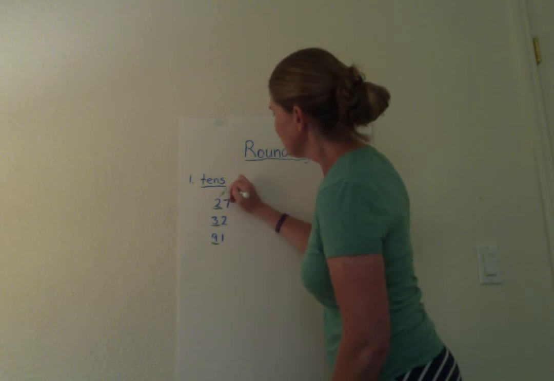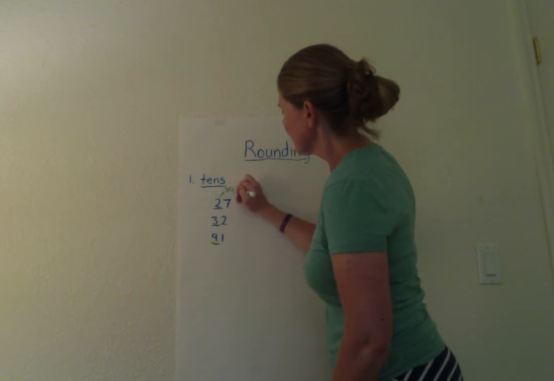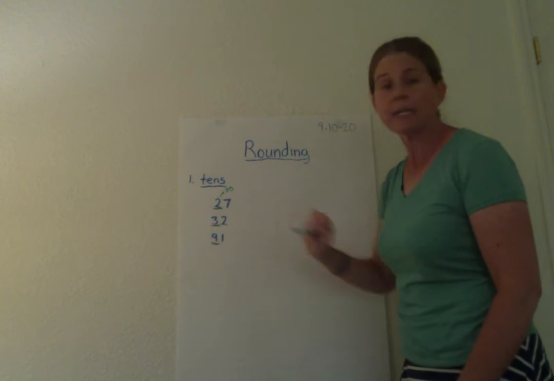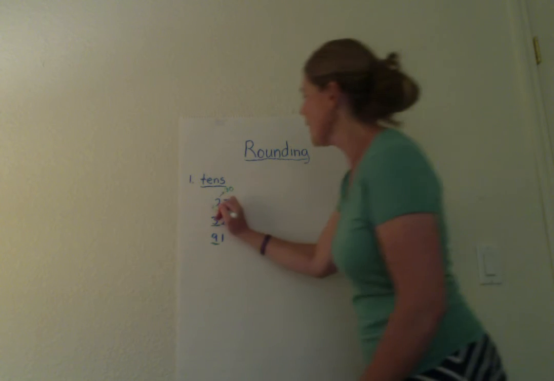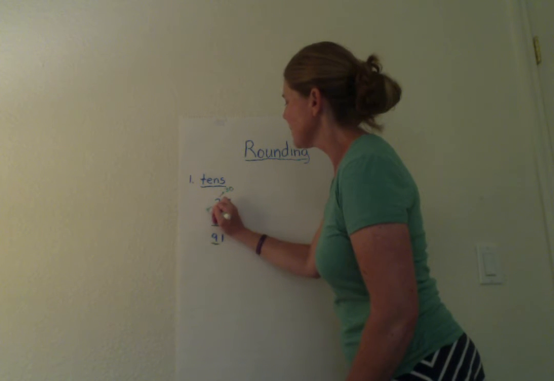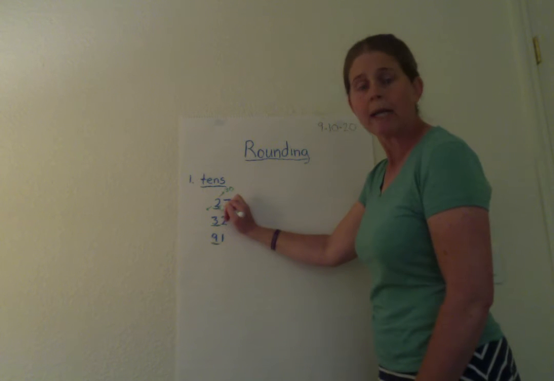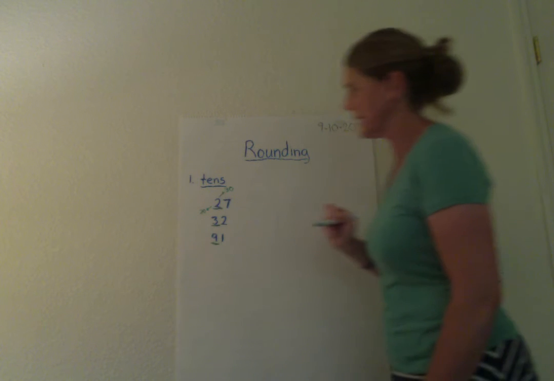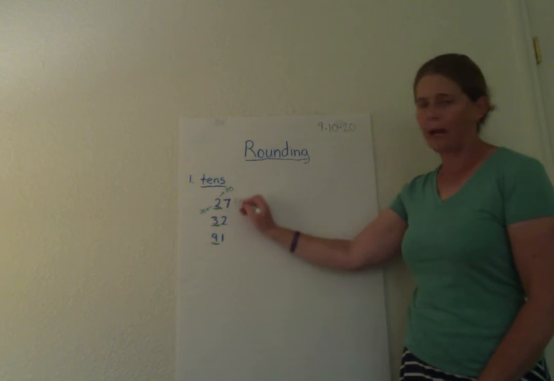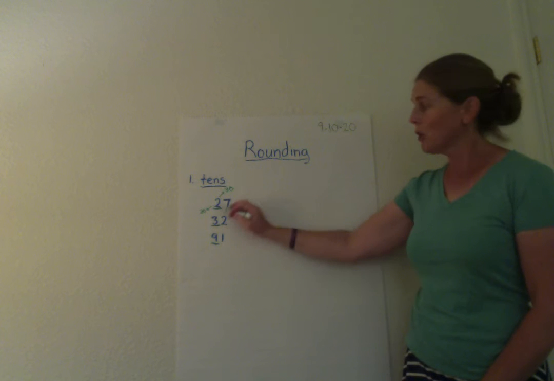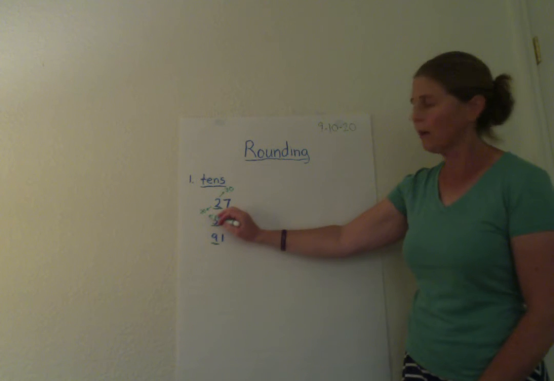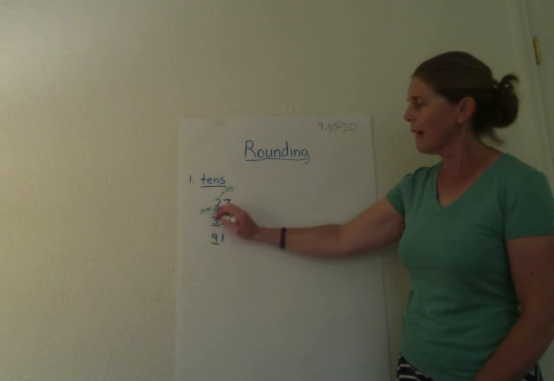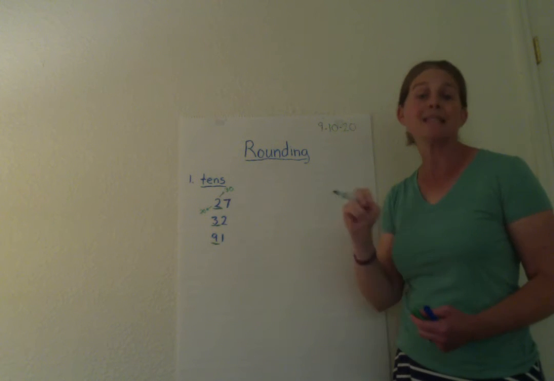Going up would be rounding to 30 because there would be 3 in the tens place. Now if I end up rounding down to the lower, that means that I stay where I am. That means I keep a 2 in the tens place, and I'll just keep it a 0 at 20. So what my job is when I'm rounding is to decide, do I round up or do I round down? You'll notice that whether I'm rounding up or down, my number's going to end in a 0.